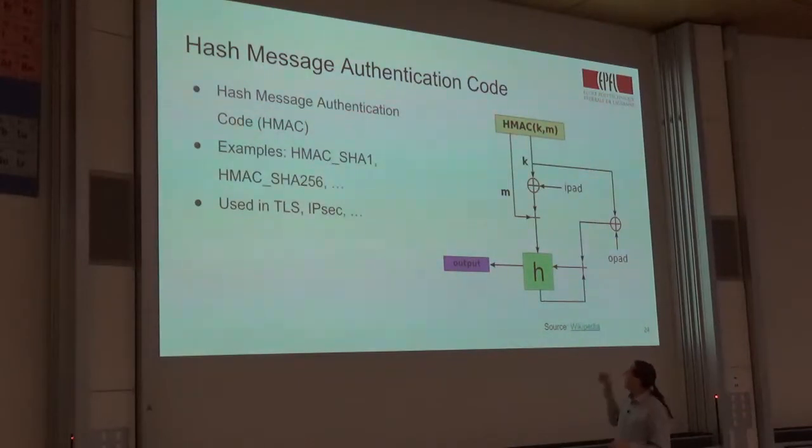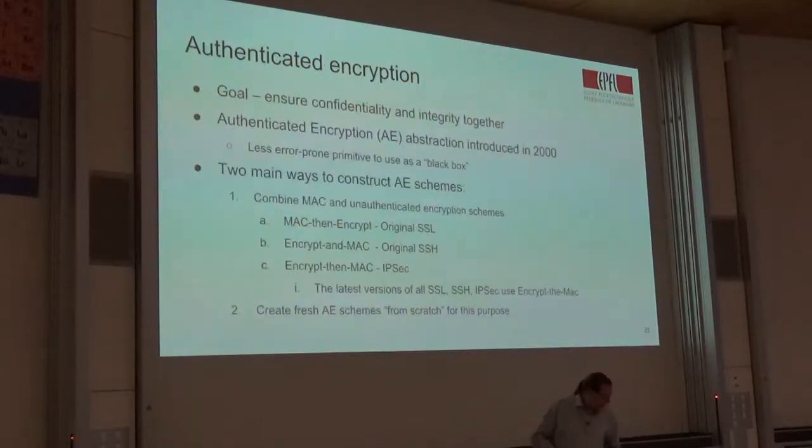For technical reasons we don't need to get into, this actually uses the hash function basically twice internally. It first hashes the key and the message, and then hashes the result of that with the key again. And this provides a number of security advantages. But just think of it as a black box in general for now.